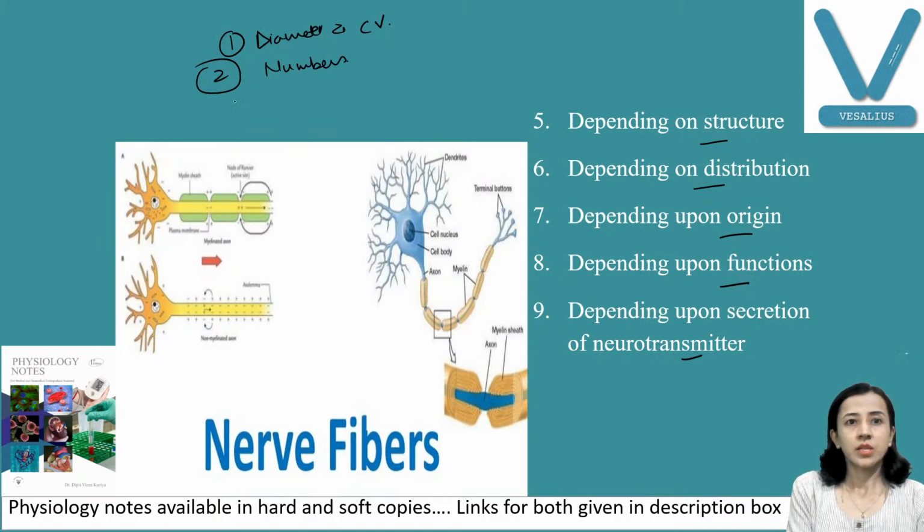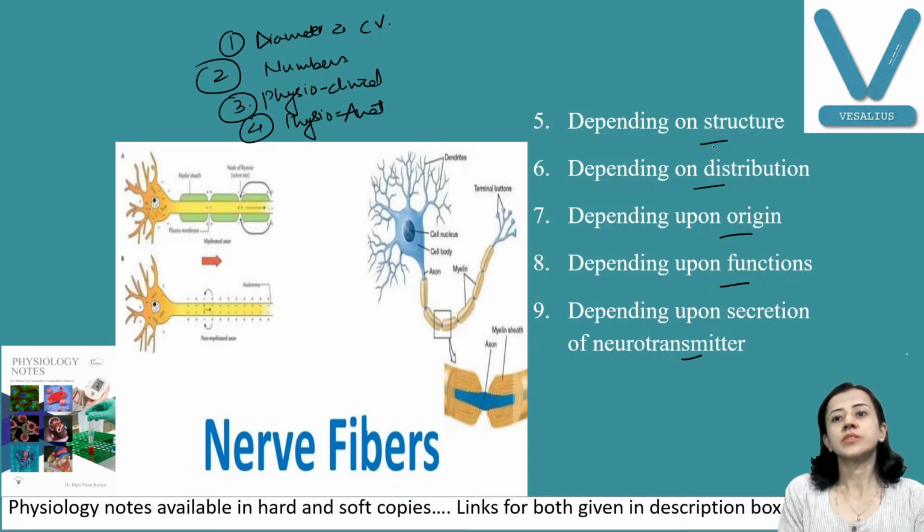Third, physio-clinical classification. We will discuss one by one. Fourth, physio-anatomical classification. Fifth, structure. Sixth, distribution. Seventh, origin, function and neurotransmitter. We will discuss one by one.